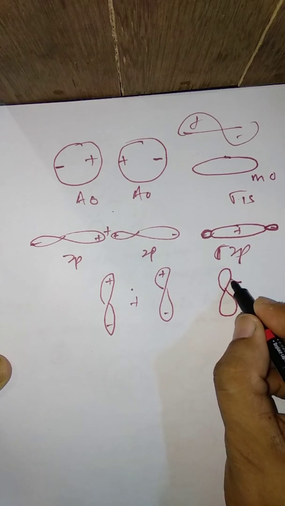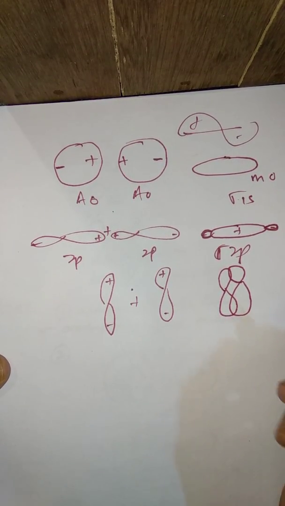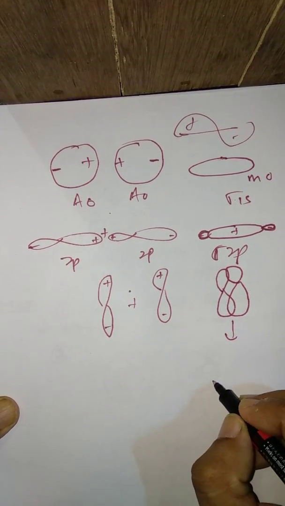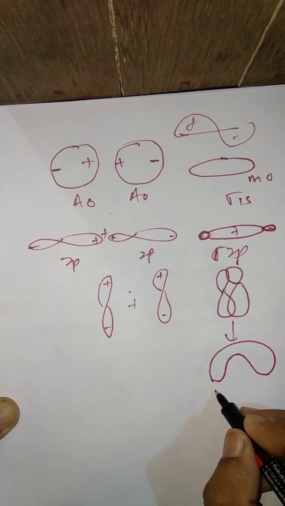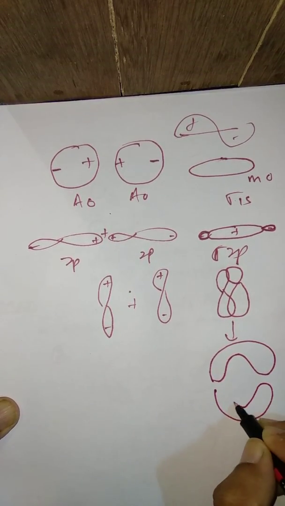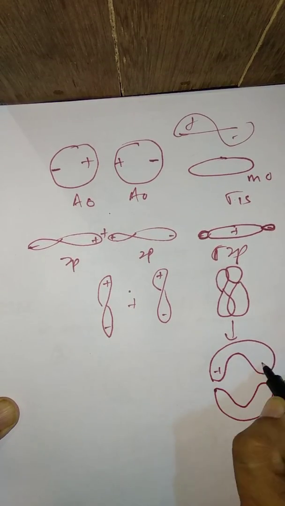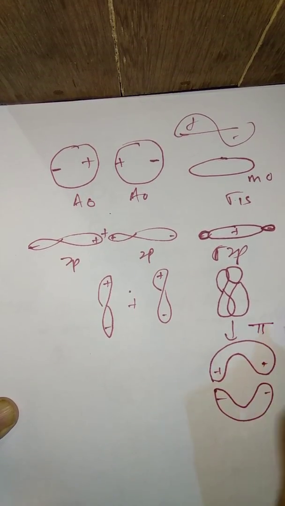Here, as they are in the lateral phase, there must be a pi bond, and this can also be represented as they have to meet in this order. And this is like the plus phase comes up and the minus is down, and that will be the nodal plane, and here it is a pi bond.